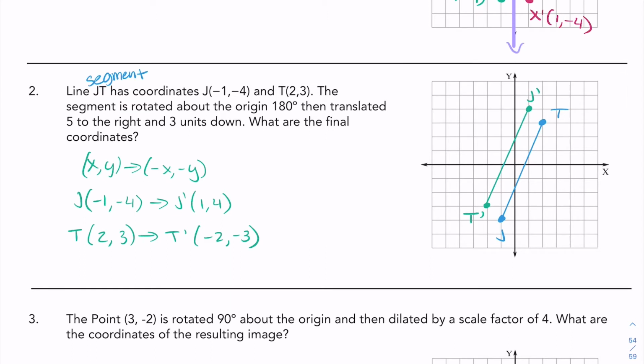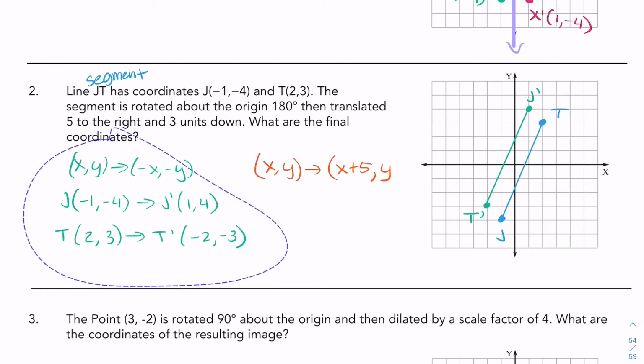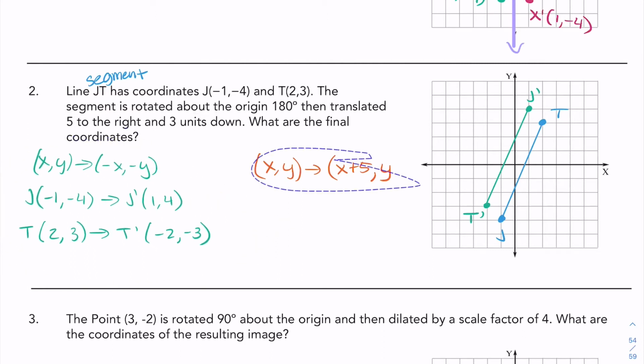And then it's translated 5 to the right and 3 units down. So x, y maps onto x plus 5, y minus 3.